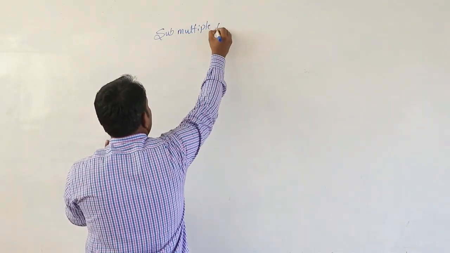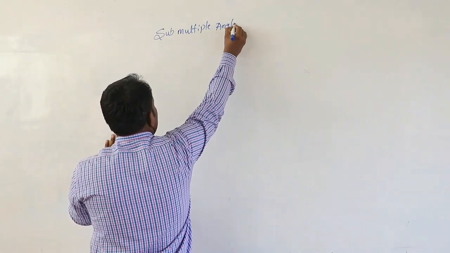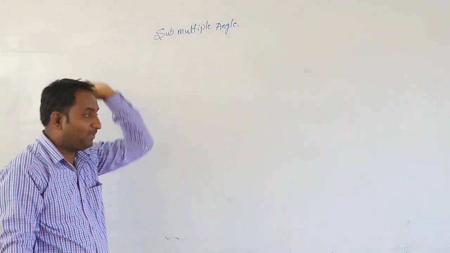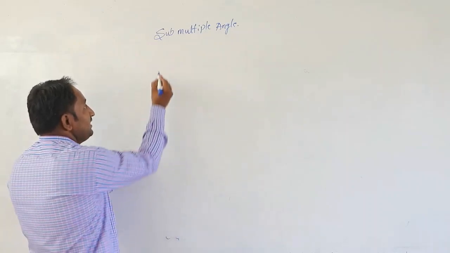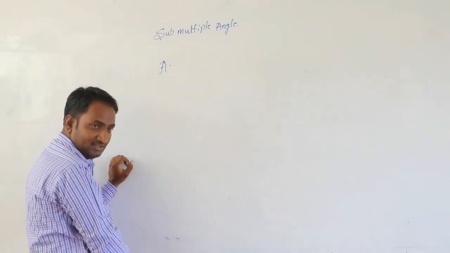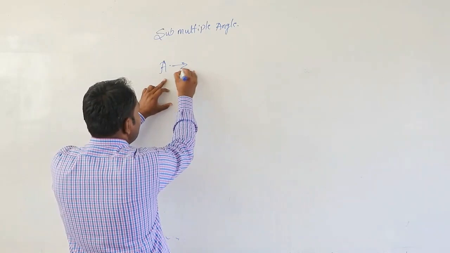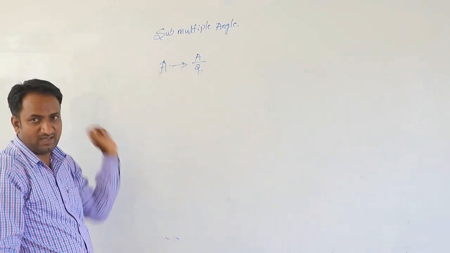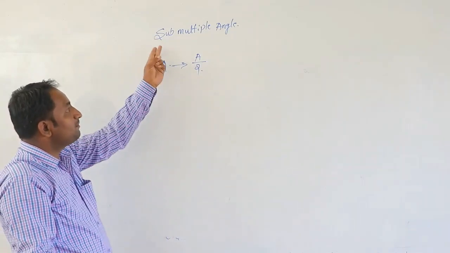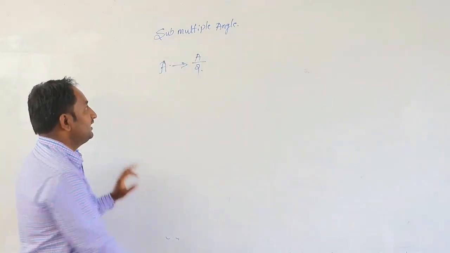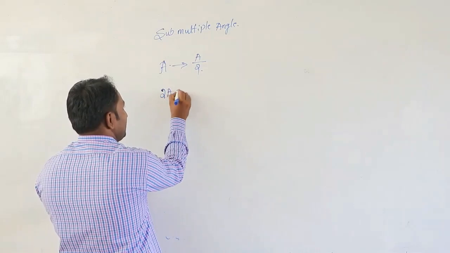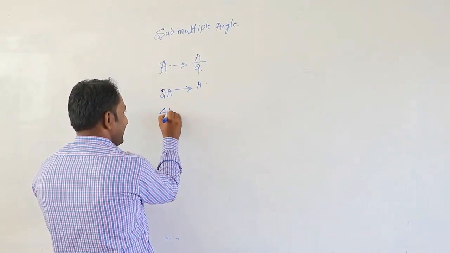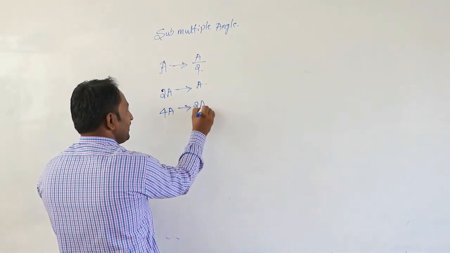Multiple angles. The concept of multiple angles we know already, but submultiple means here a is an angle, its submultiple is represented by a by 2. Half of this one can be expressed in the form of a submultiple angle. Then 2a can be expressed in terms of a, 4a expressed as 2a.